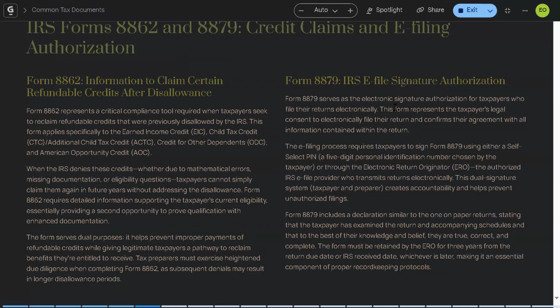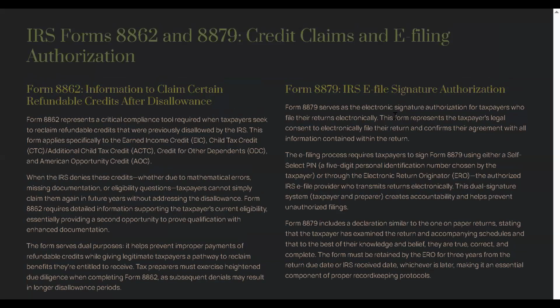Form 8862, information to claim refundable credits after disallowance. You'll see on the due diligence checklist that we have to complete with each return, we have to ask the client, were any of these credits disallowed in the previous year?